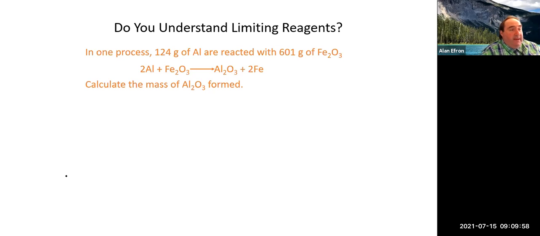Whichever one makes the smallest amount of product in terms of grams is your limiting reagent and your theoretical yield. So you simply do two separate stoichiometry problems, one from each reactant to the product, and whichever is the smallest is your answer.